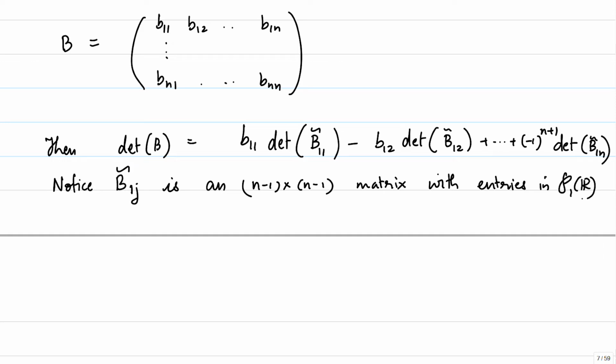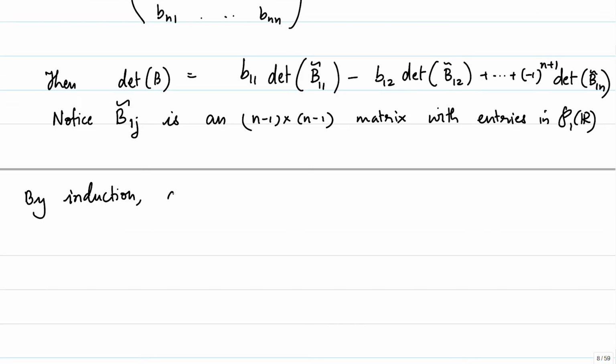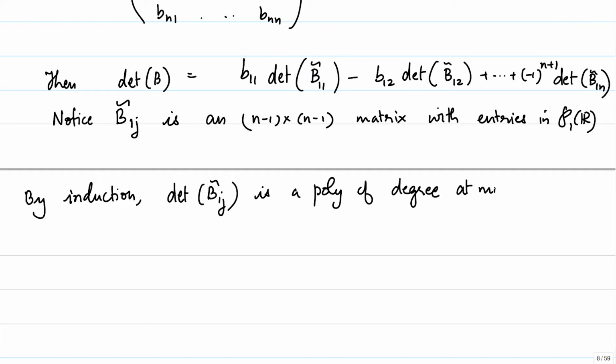And now the induction hypothesis is in force. By induction, because this is n minus 1 cross n minus 1, determinant of B1j tilde is a polynomial of degree at most n minus 1.